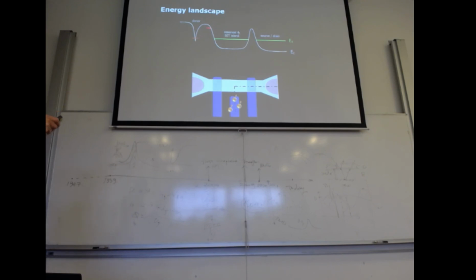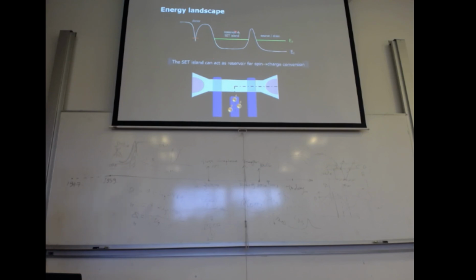Then there is a tunnel barrier, typically a fairly wide one, and this is of course uncontrolled. This is a property of the device, where the donor exactly sits. And then there is this charge reservoir formed by the SET island, and then we have the source and the drain, and these are tunable tunnel couplings that we can tune with the gate voltages here. Okay.